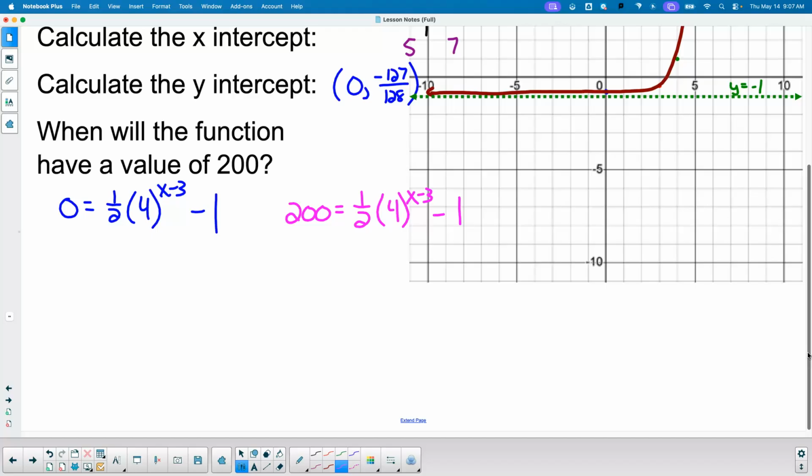We'll take blue first. First step in blue: add 1. Second step in blue: divide by 1/2. Dividing by 1/2 is the same as multiplying by 2.